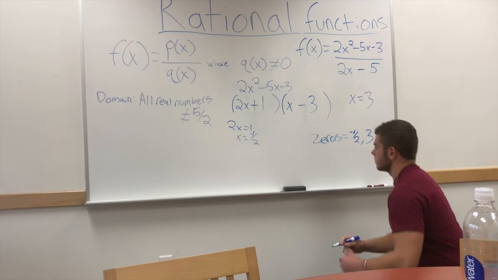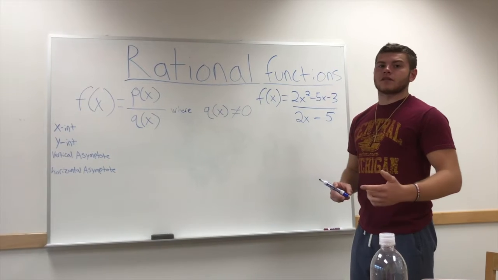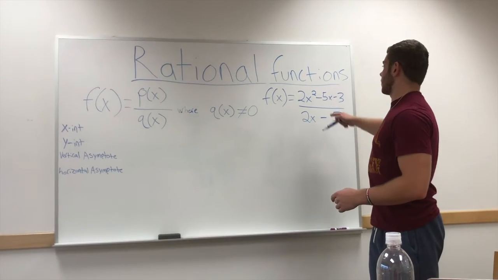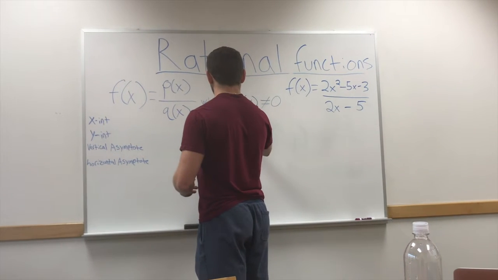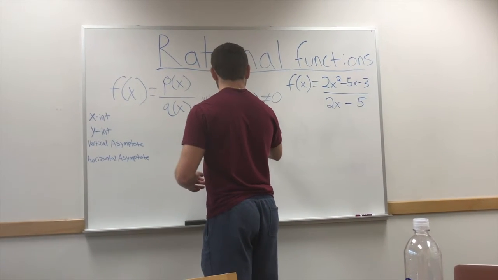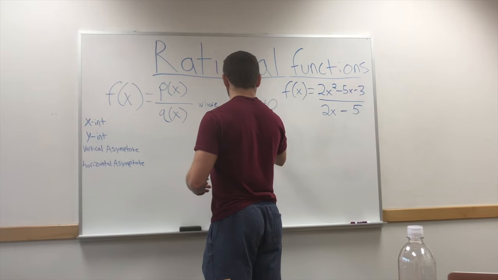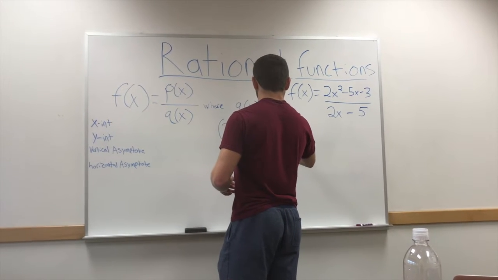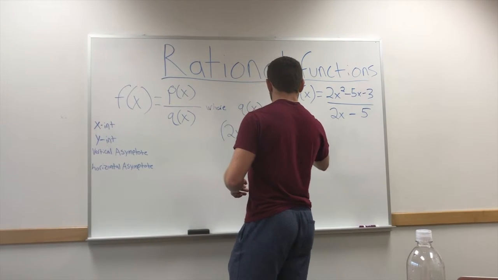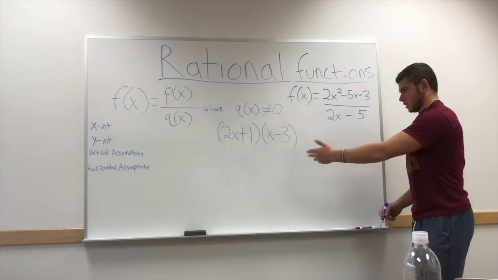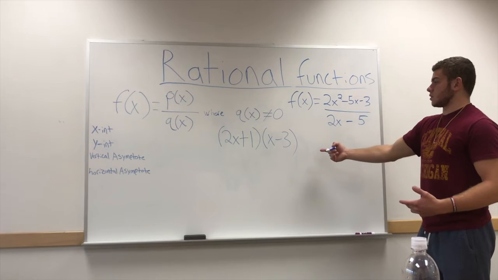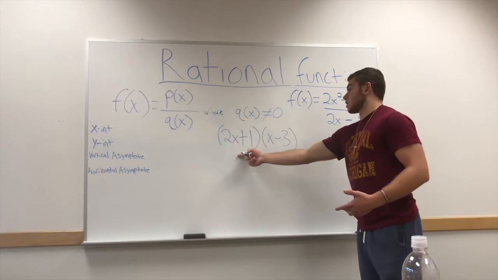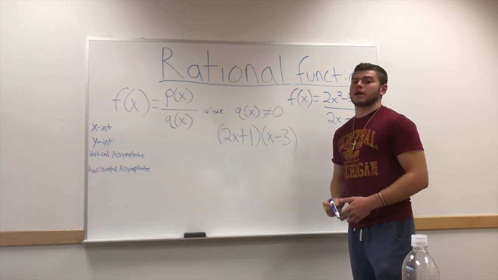The easiest way to find the x-intercepts is we're going to go ahead and factor the numerator again. So that's how our numerator was factored. Now what we're going to do is find the zeros, or what x equals in each of those, and those are going to be our x-intercepts.